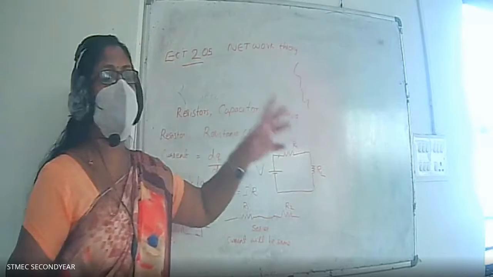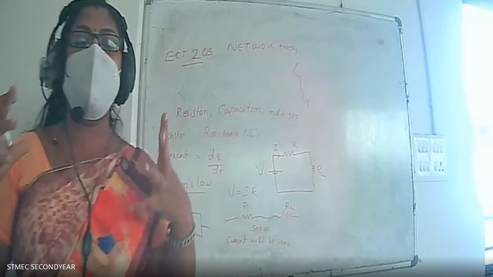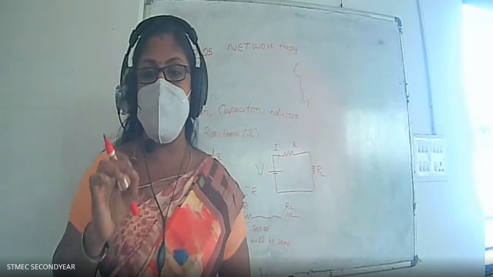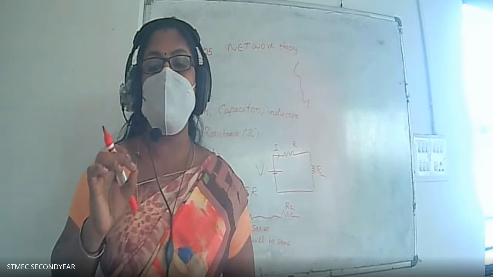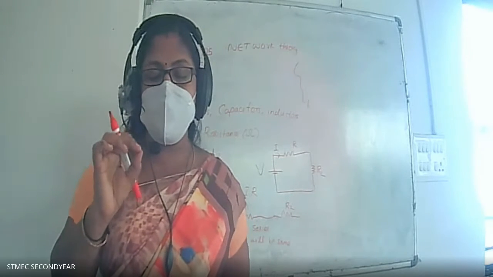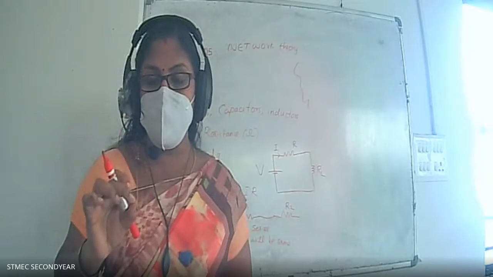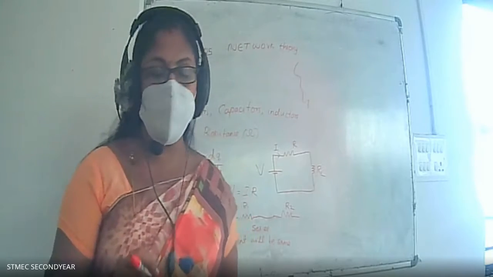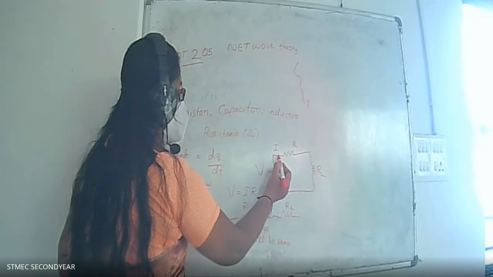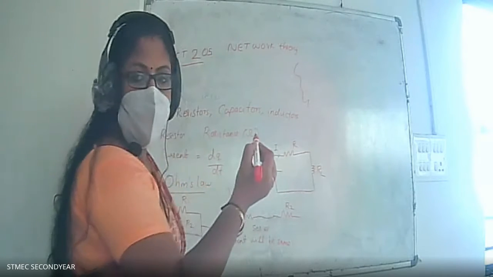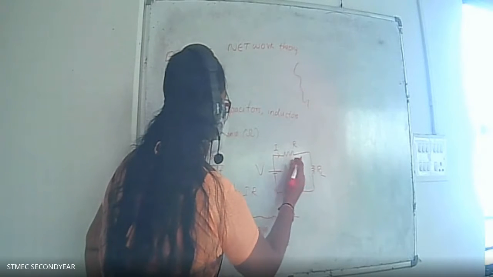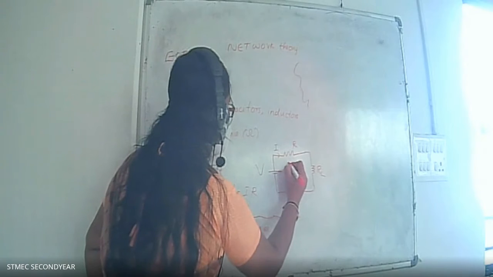By Ohm's law, the voltage drop across any resistor will be V equal to I into R. That is, the voltage drop across a resistor will be equal to the current flowing through that resistor into that resistance. So here you know that here is the resistance R. What is the current flowing through this resistor? This is I.